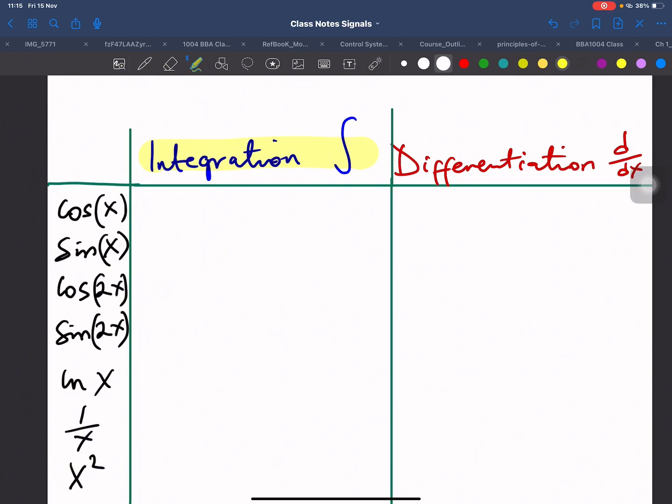You can also determine the area and the cumulative measure. In fact, it is the reverse operation of differentiation. We can also call integration antiderivative. So I write it now: antiderivative.